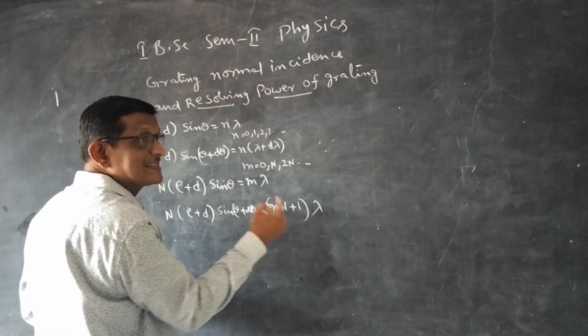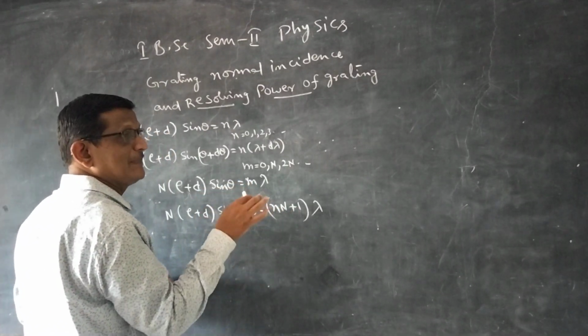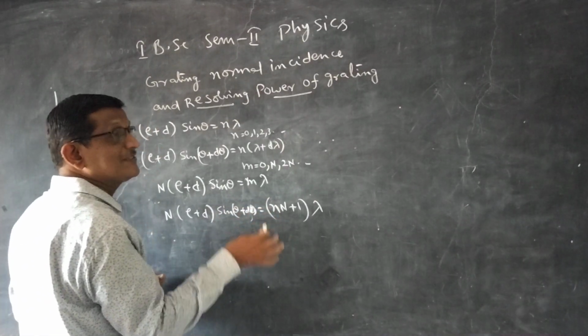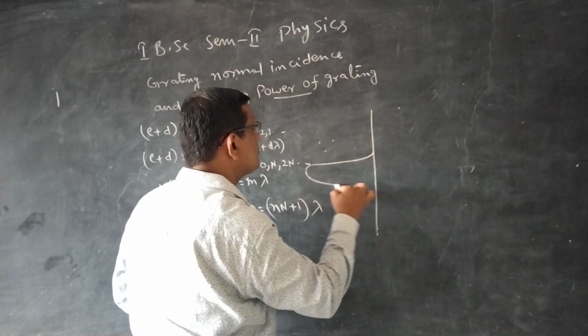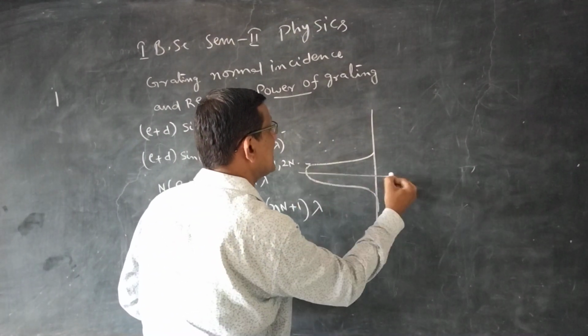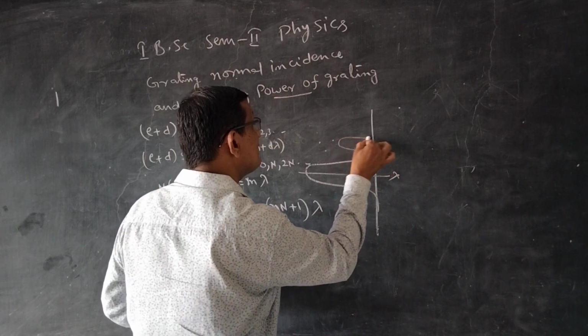Here this plus 1 indicates that the secondary maximum of the first one should be the primary or central maximum of the second line. Let this be the position of the central maximum of the first line having wavelength lambda. Here it is the secondary maximum.